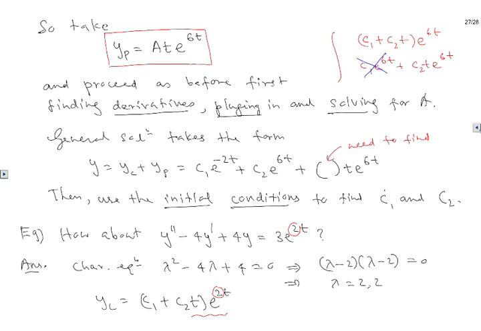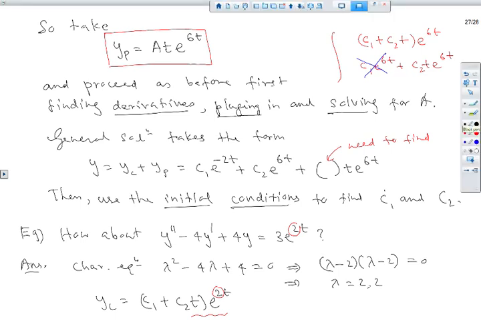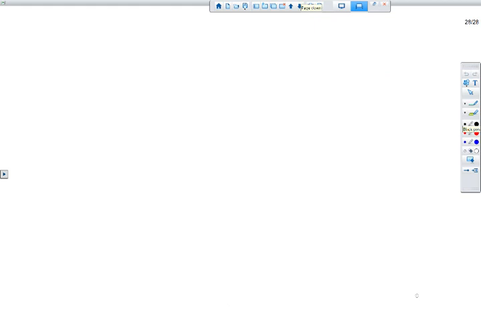So good, let's try it. You understand the argument now. We're going to find another linearly independent solution. So note that in this case, e to the 2t or t e to the 2t do not work.